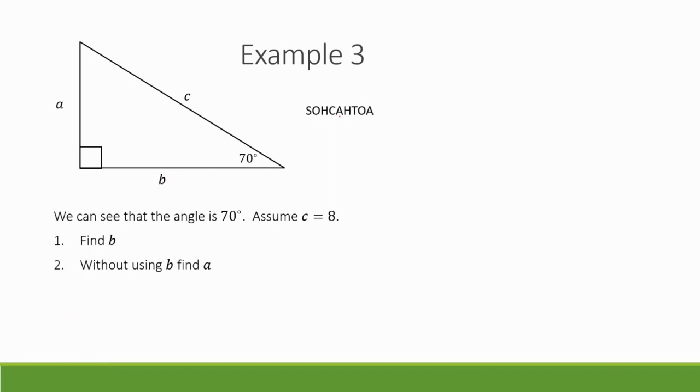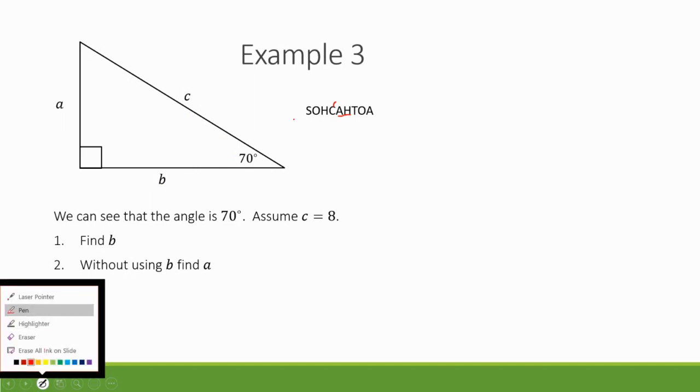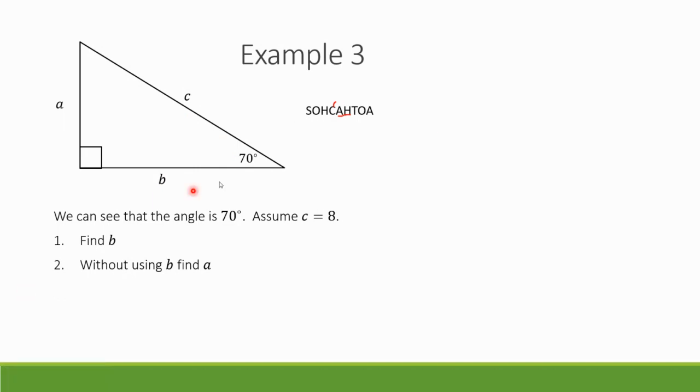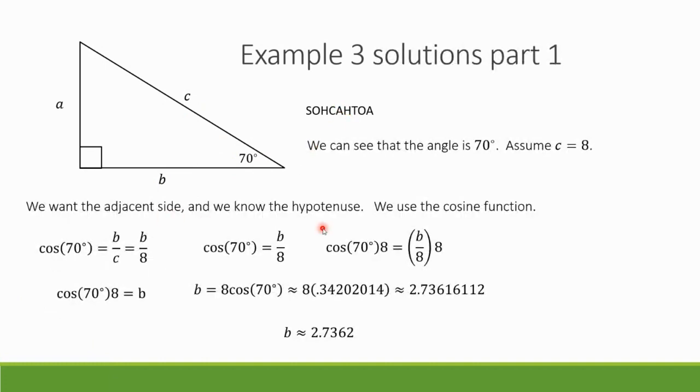So we have the adjacent, we have the hypotenuse. So what trig function are we going to use? We're going to use cosine. We're looking for the adjacent, and we have the hypotenuse. So we got to use cosine, as indicated here.